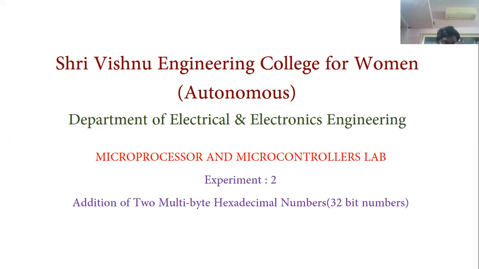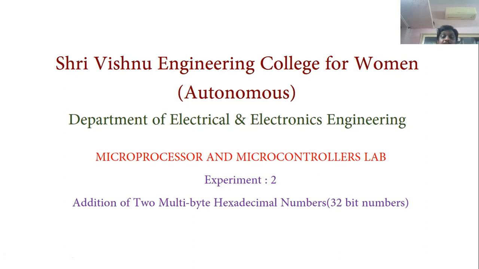And today we are going to explain experiment number 2, that is, addition of two multi-byte hexadecimal numbers, that is, addition of two 32-bit numbers. As the microprocessor is a 16-bit processor, it can transfer 16 bits of data at a particular cycle.